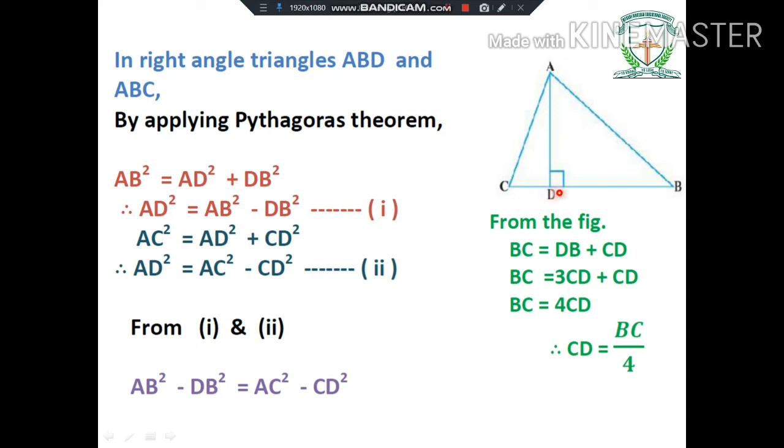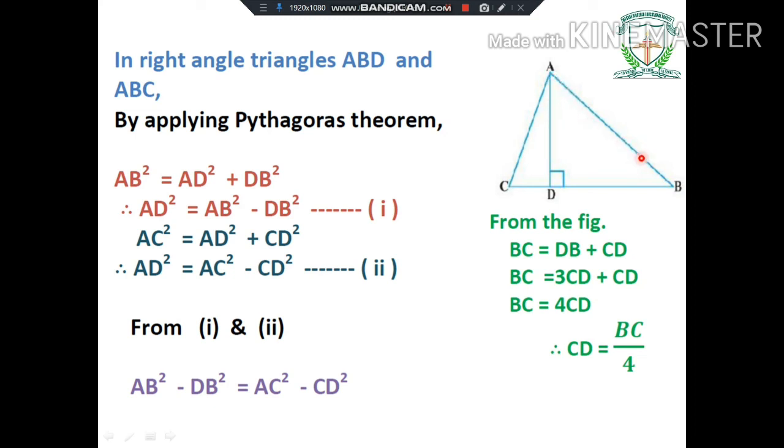Apply Pythagoras theorem to triangles ADC and ABD. There are two right angle triangles here. Apply Pythagoras theorem to both these right angle triangles. Dear children, AD is common for both these right angle triangles.